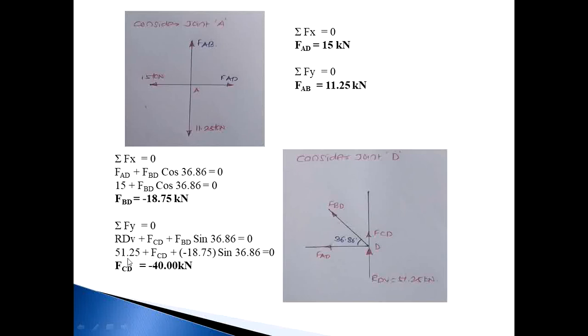RDV value will be 51.25 plus FCD plus FBD value, that is minus 18.75, into sin 36.86 is equal to 0. So FCD will be minus 40 kilonewton. Once again I repeat that minus sign means whatever the assumption, we assumed that FCD is a tension, but this is not a tension, this is in compression.